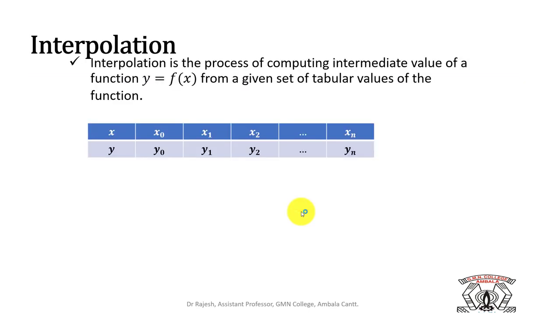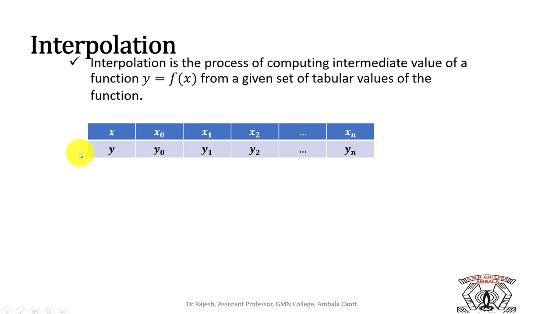So once again, interpolation is the process of computing an intermediate value of a function y is equal to f(x) from a given set of tabular values of the function. Like we are given the value of the function f(x) at the points x0, x1, x2 and up to xn.